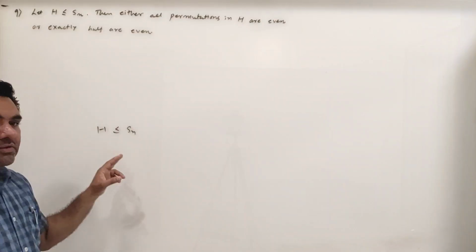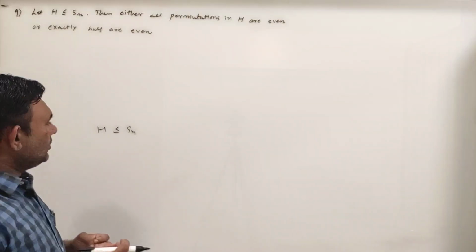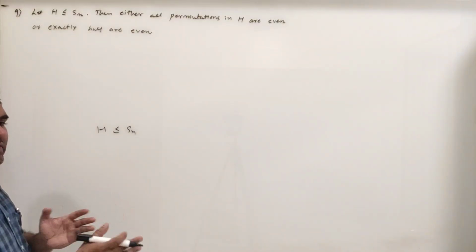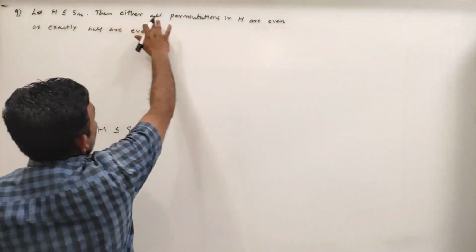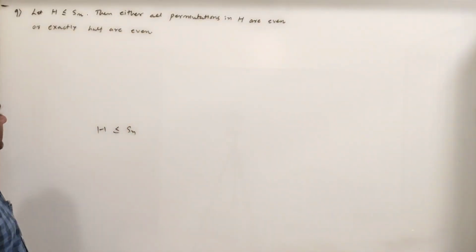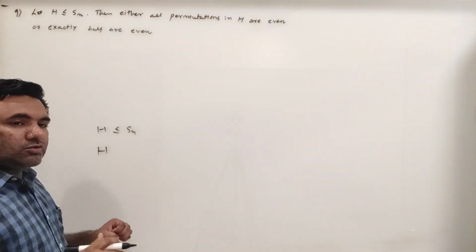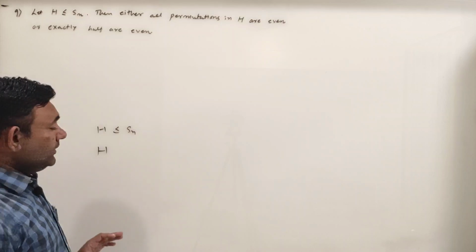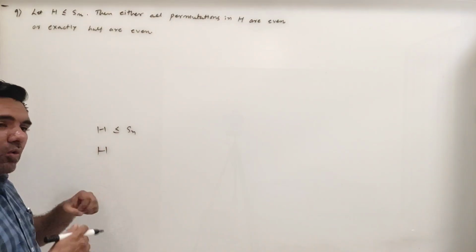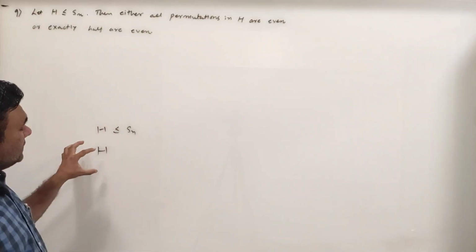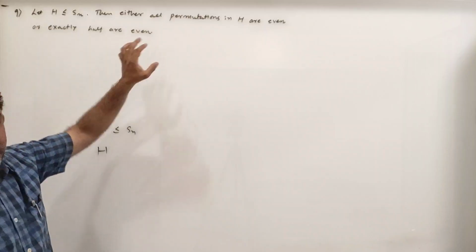In H, some elements may be even permutations, some may be odd permutations, and a permutation is either even or odd. So the result says that either all permutations in H are even, meaning all the permutations in H are even, or, if some odd permutation comes in, then exactly half are even.